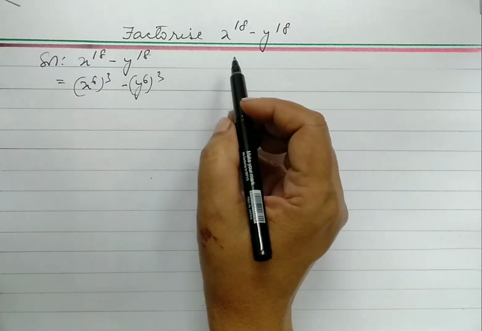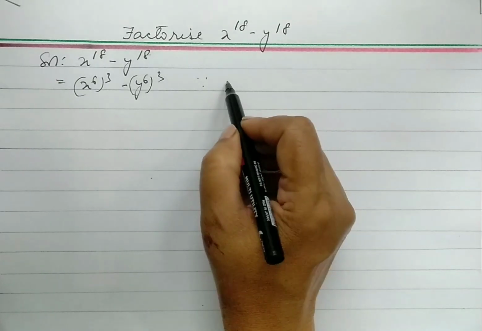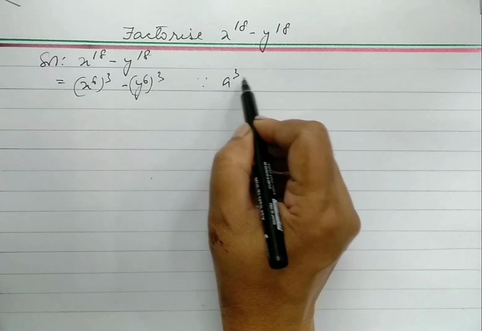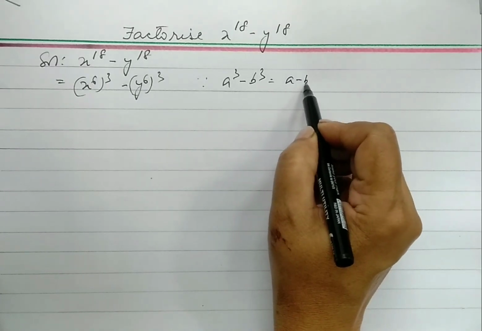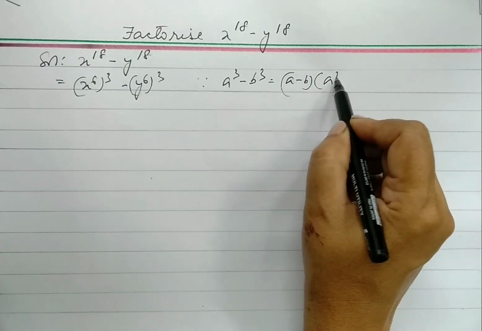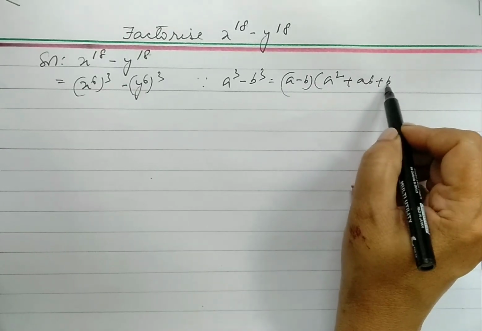Now, what are we going to use therefore? We are going to use this identity: A cube minus B cube, which means A minus B and A square plus AB plus B square.